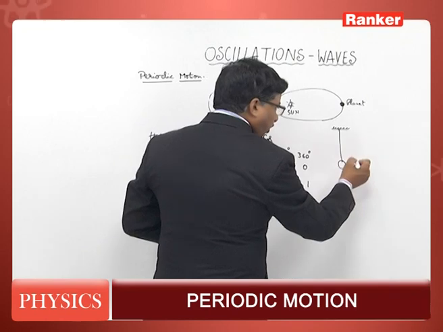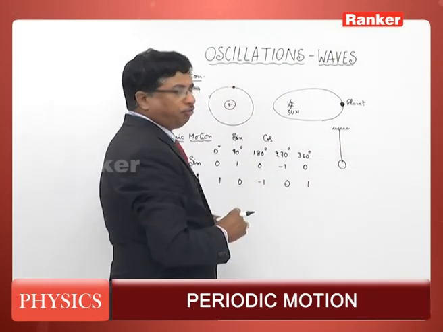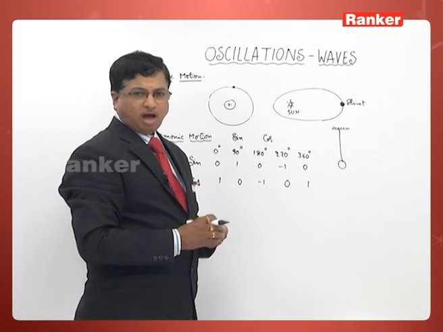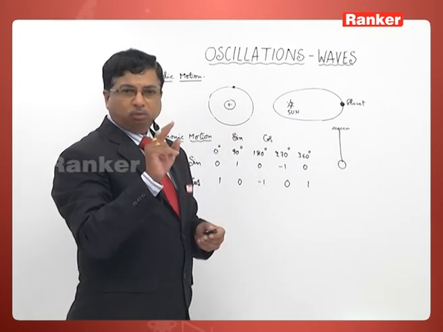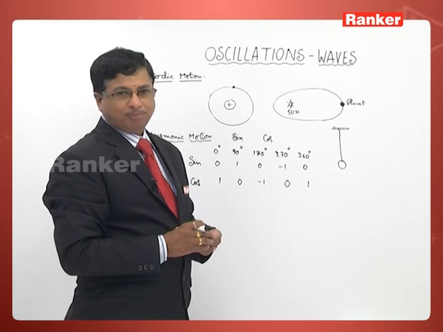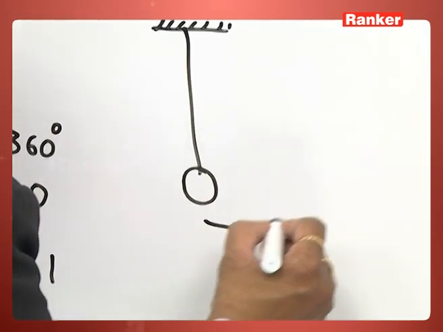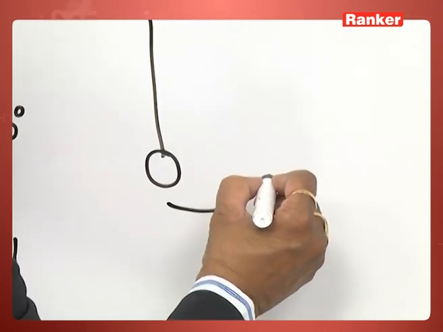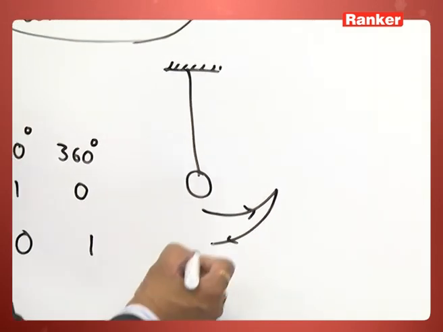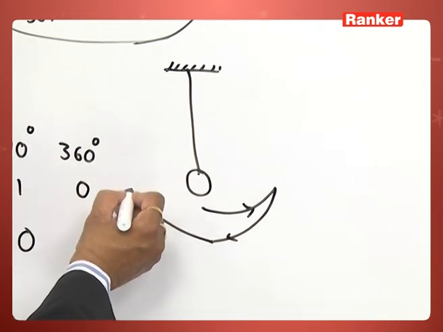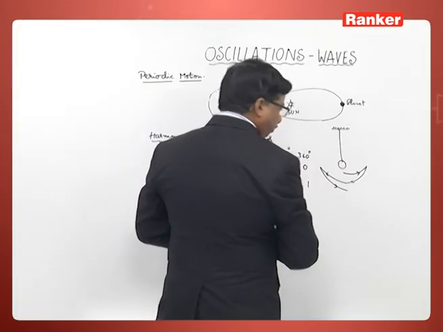When the pendulum is oscillating, the oscillations can be counted in different ways. I am just going to explain you two cases out of all. One, let us consider this way. It is starting from rest, it goes to that end, comes back like this to the original position, goes there again and comes back to the original position.